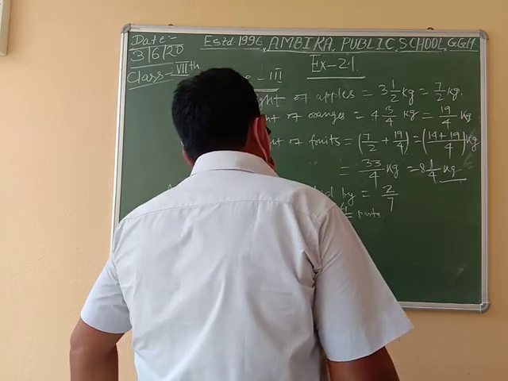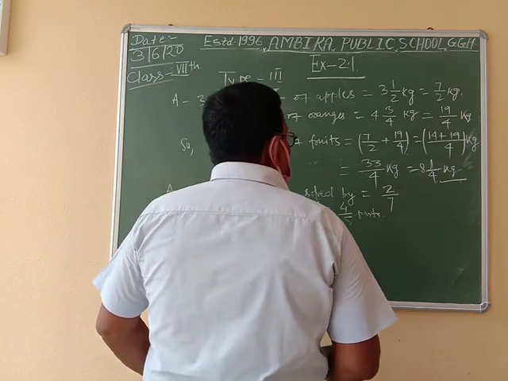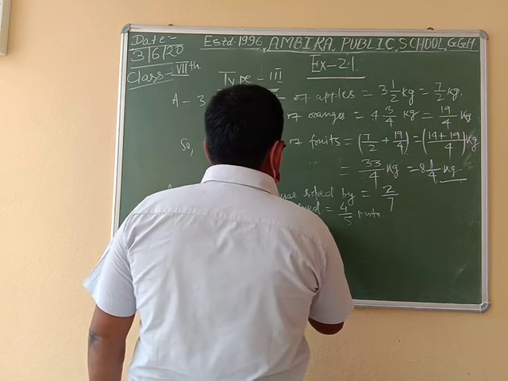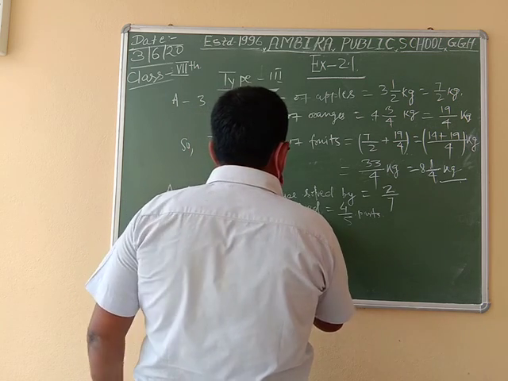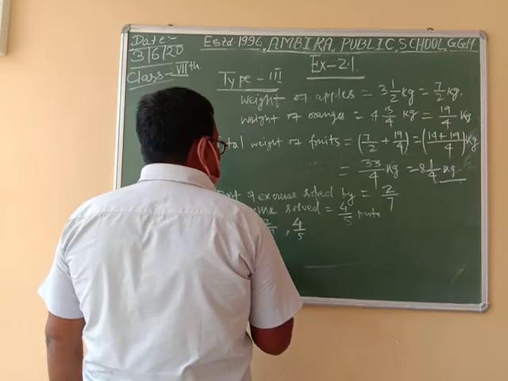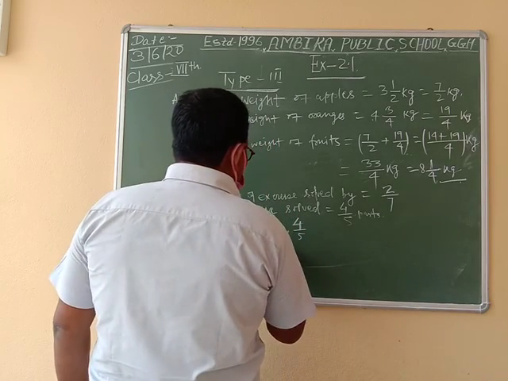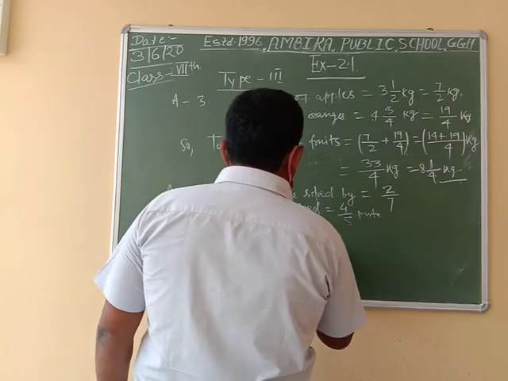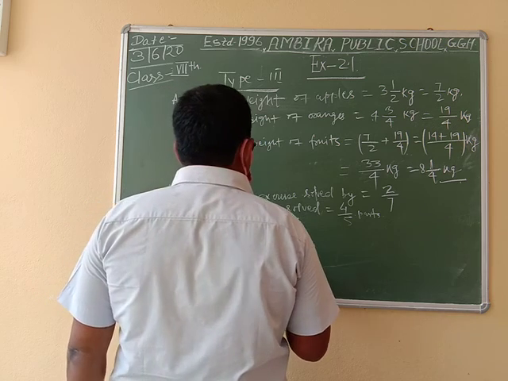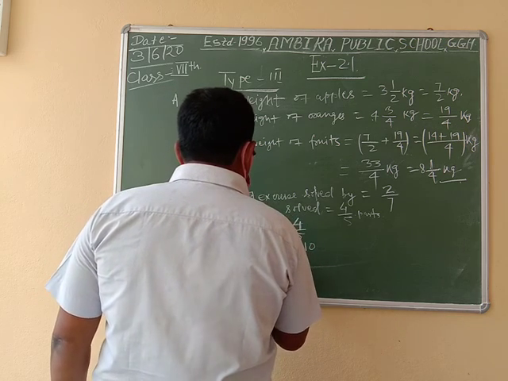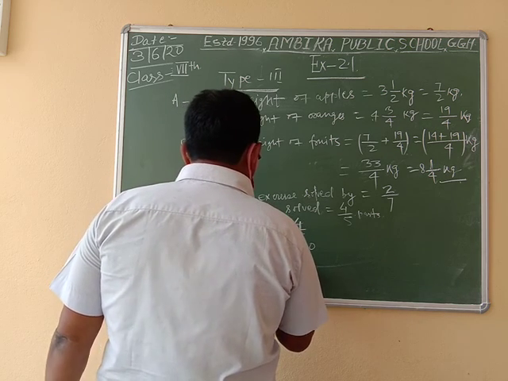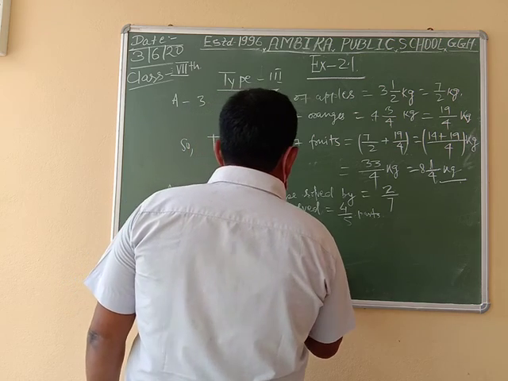Which is greater and which is lesser? Here we have 2/7 and 4/5. Cross multiplying, 2 into 5 is equal to 10, and 4 into 7 is equal to 28.